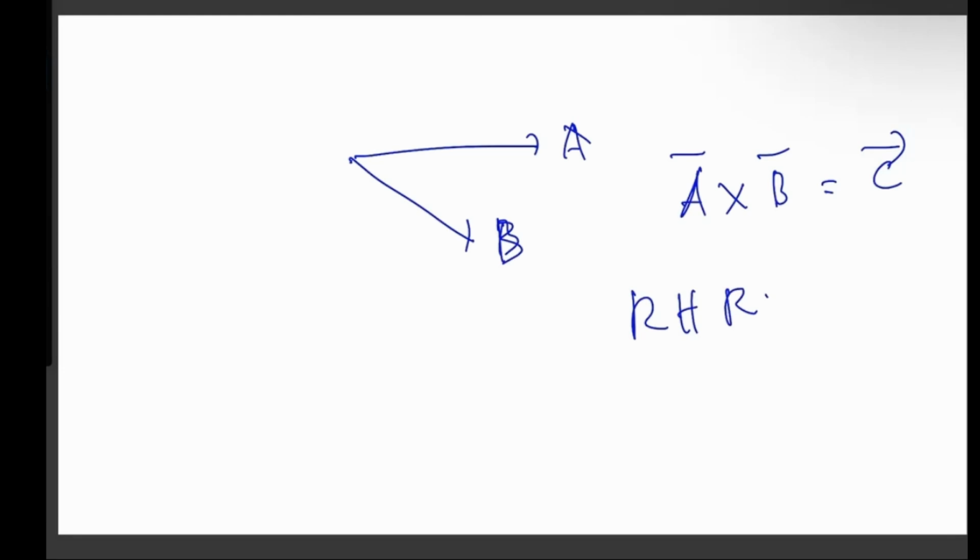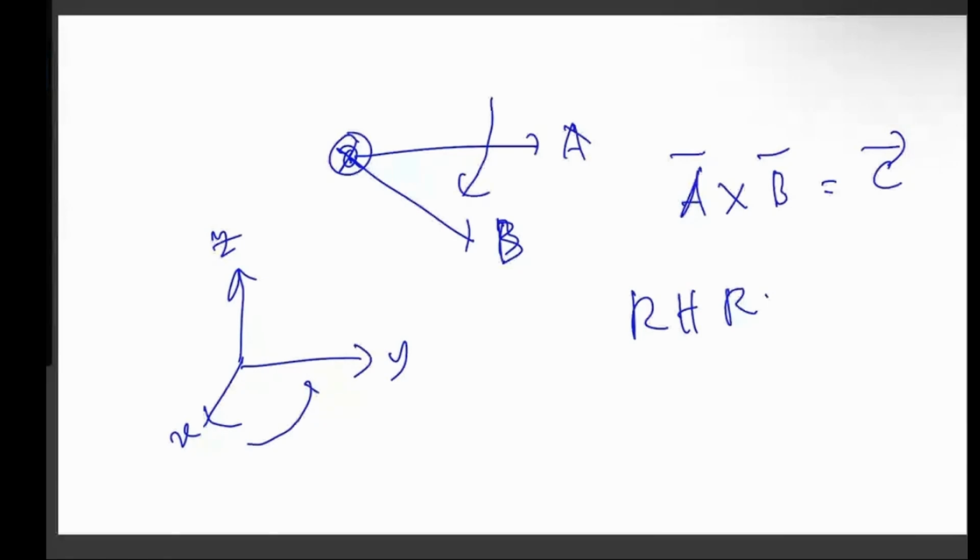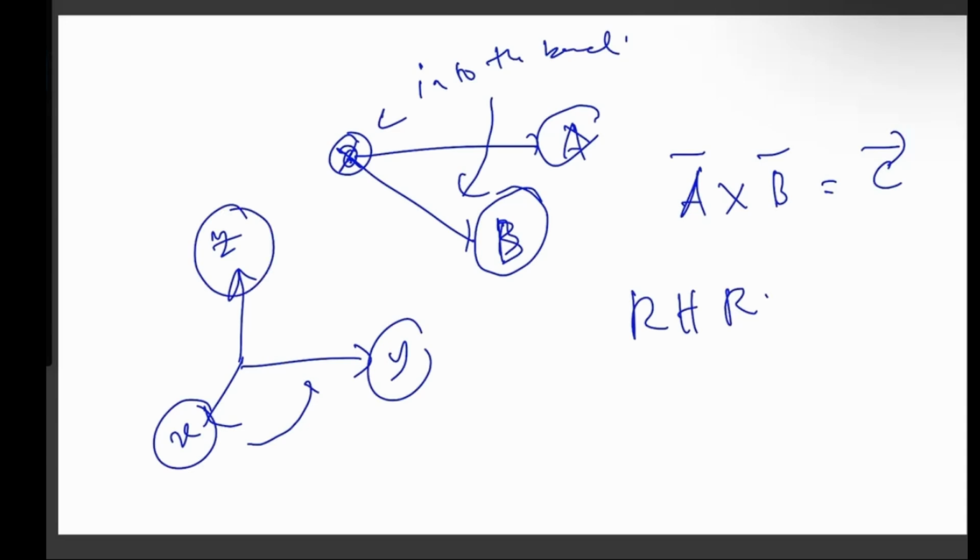A times B has a direction like this, and C will go into the board. Using the right hand rule with X, Y, Z, Z will go up. So vector cross vector gives another vector, C. For this one, X cross Y comes out as another vector, Z.